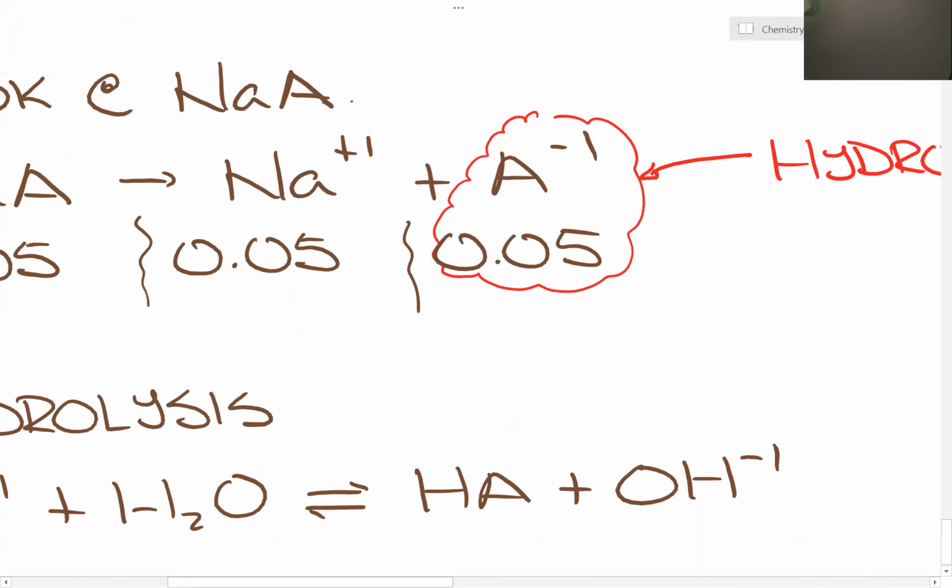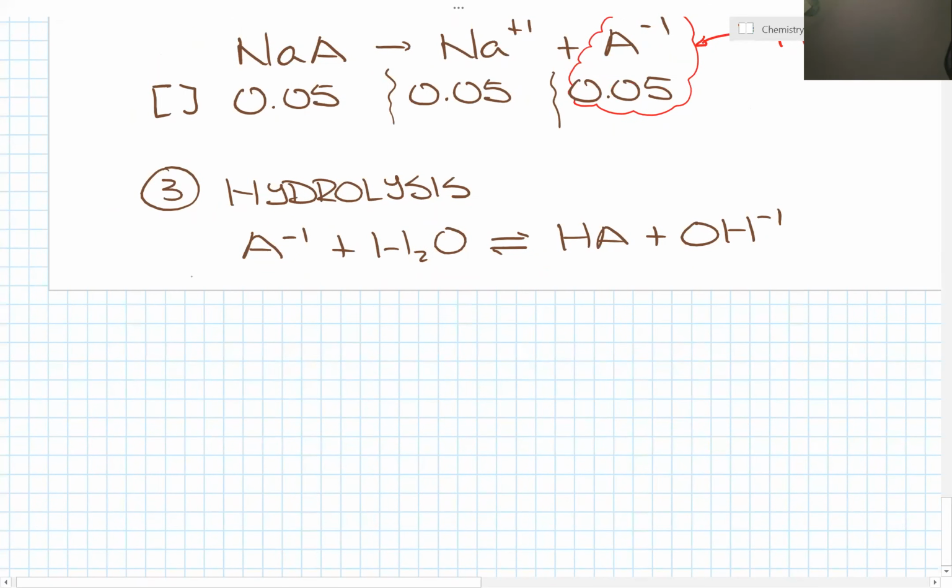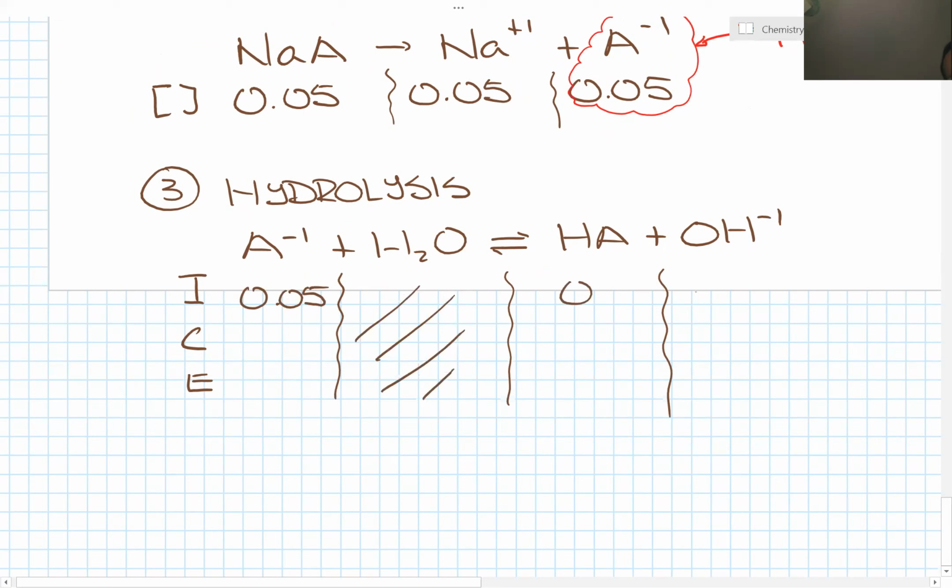Now, oh my gosh, we've got to set up our ice tables. Delicious. So I have A minus 1, and so on. This will be 0.05. You should be getting sick of this by now, people. This would be minus x, plus x, plus x. So this would be 0.05 minus x, x, x.